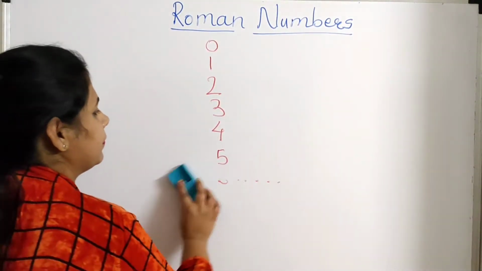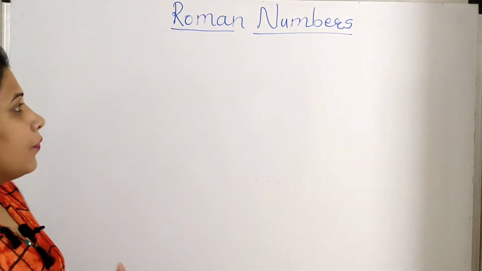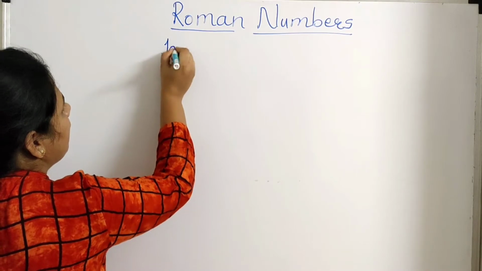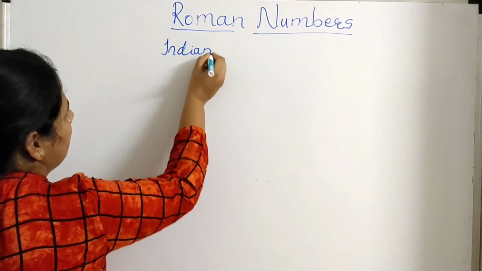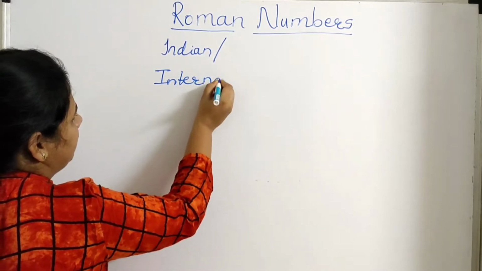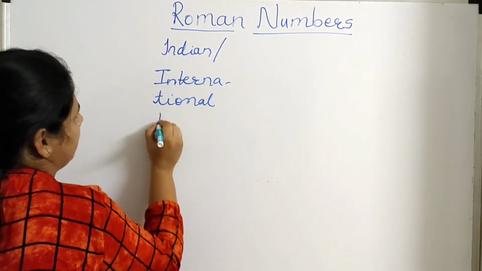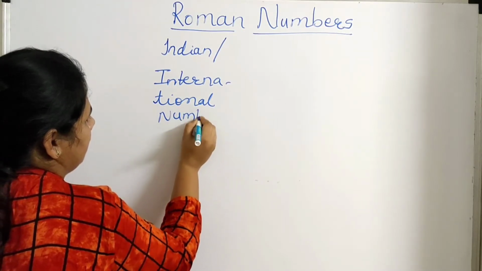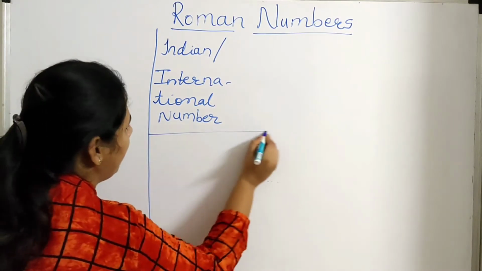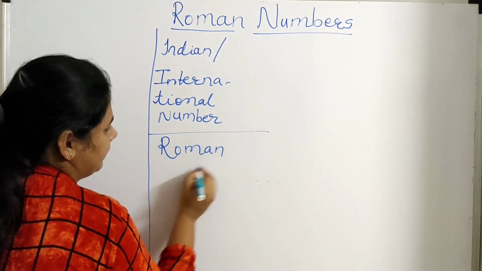First of all, we have to write the numbers in Indian or international numbers. And secondly, I am making the column of Roman numbers.